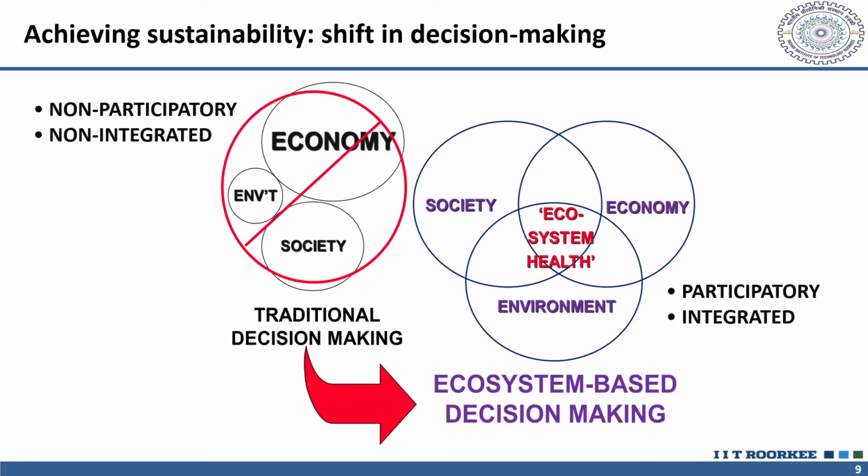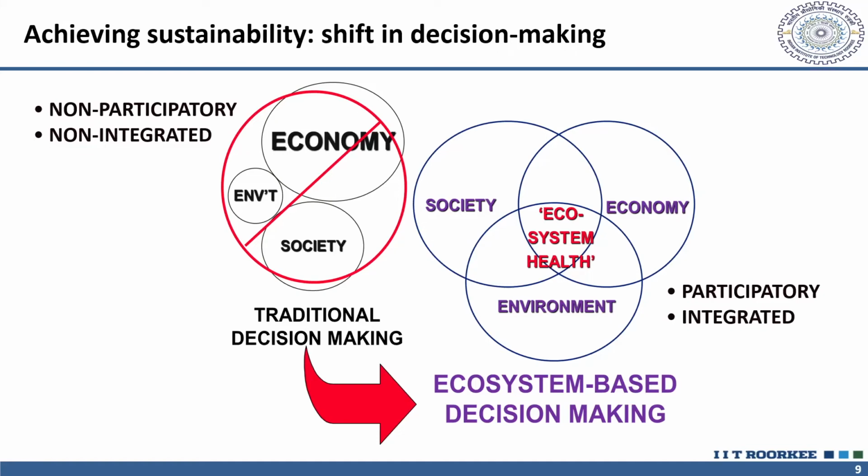Now, apart from the efforts at the global, national, and individual level, another major thing which is required is a shift in decision making. Whenever we talk about decision making, the main factor which governs the decision in any sector is the economy. We look at the expenditures, the capital or operational expenditures, the profit and losses, and we make decisions accordingly.